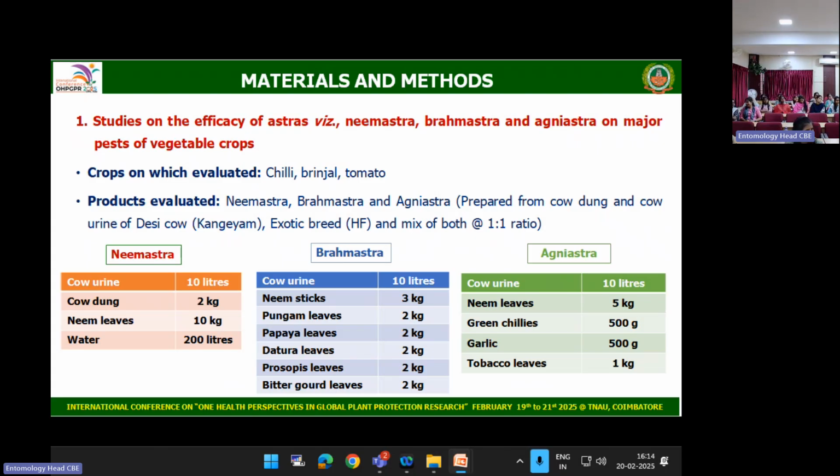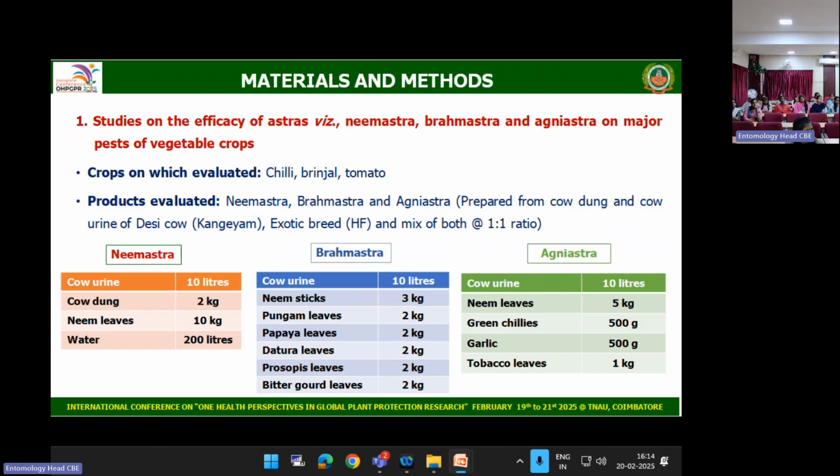So we have evaluated the efficacy of these astras in 3 vegetable crops, namely chili, brinjal, and tomato. Here we prepared 3 different formulations of these 3 astras. Neem astra had N1, N2, N3, and brahmastra and agni astra also had 3 different formulations.